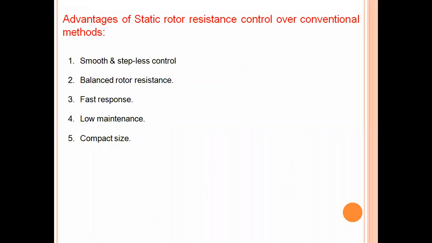But practically, by changing the rheostat value or the resistance value that is connected, it will take in the order of seconds, 2 or 3 seconds to change its value, right? With the help of an external rheostat. So when compared with the conventional, static rotor resistance control will have fast dynamic response, and low maintenance.